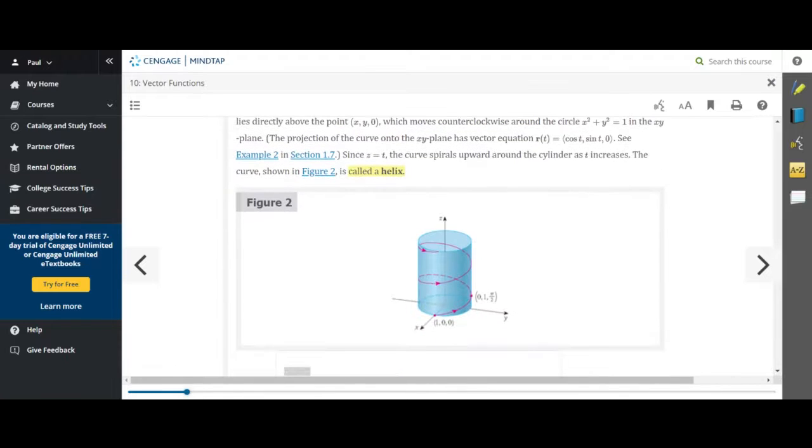And so that's going to generate a helix. At t equals 0, you start out at the point (1, 0, 0). And there's your helix, the red helix.